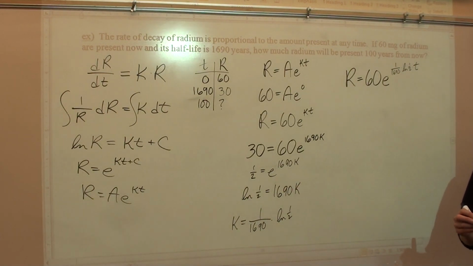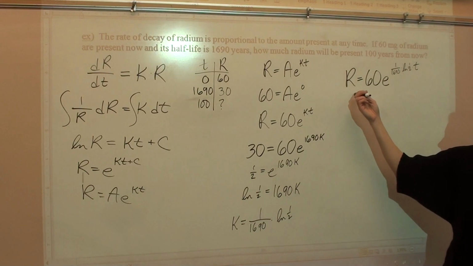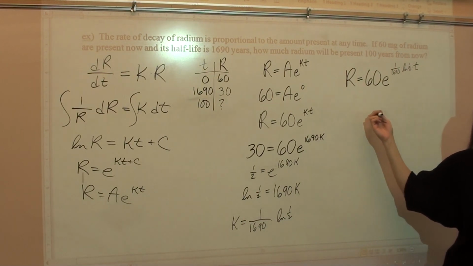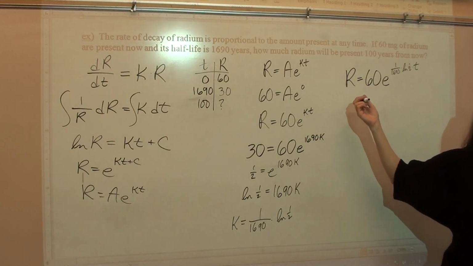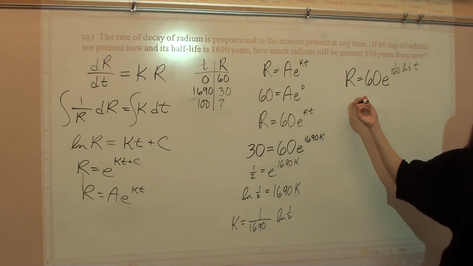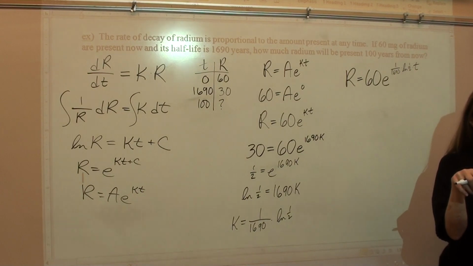We want the amount of radium that's present when t is 100. I threw some people off this morning, and I want to make sure you understand a little concept. This is just a side mathematical concept. I can call the function R, or I can call the function R of t. R is the name of the function. If I write R of t, that's the same thing as R, just with a little more information telling you that t is my input variable.